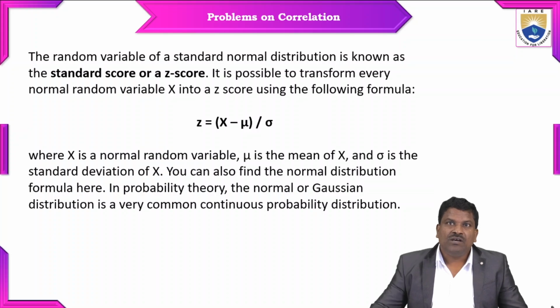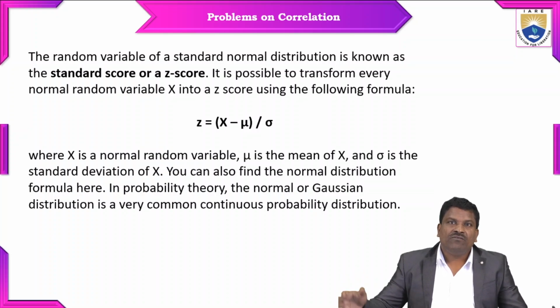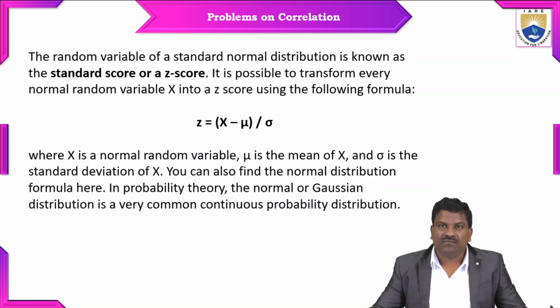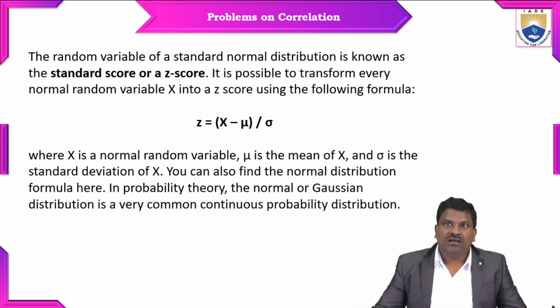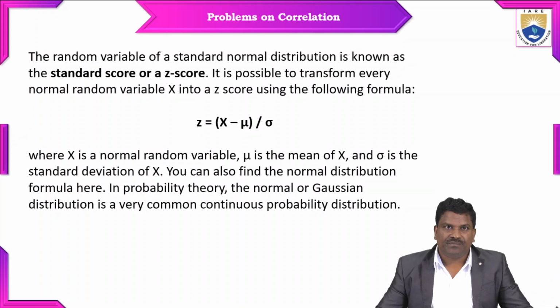Using these values, we convert the data into Z scores. Then we use the normal distribution table, also known as the Gaussian distribution table, to look up the Z score values and simplify them.